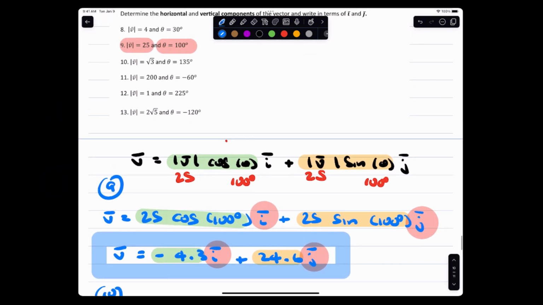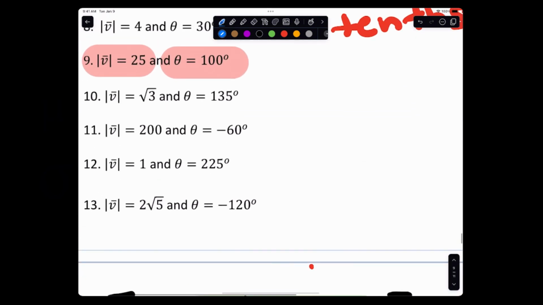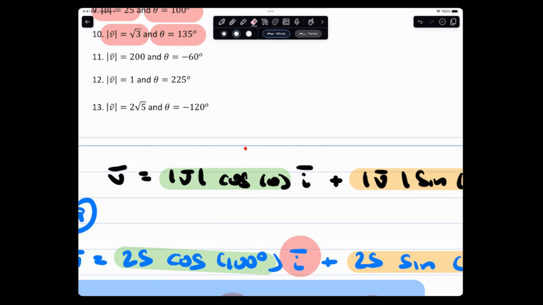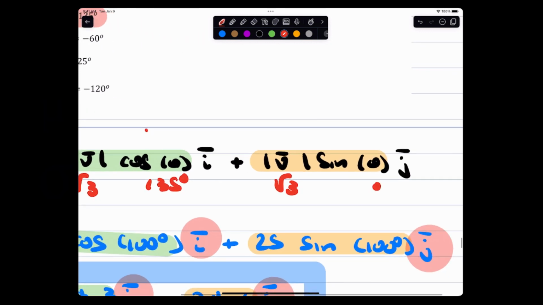Number 10 now. What's the magnitude for number 10? Square root of 3. What's the angle? 135 degrees now. So what we're going to do now is change those values. So the magnitude is the square root of 3. The angle is 135 degrees.